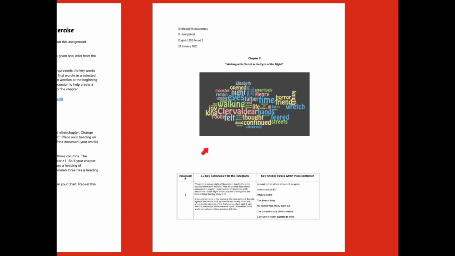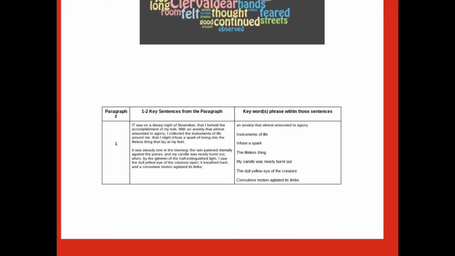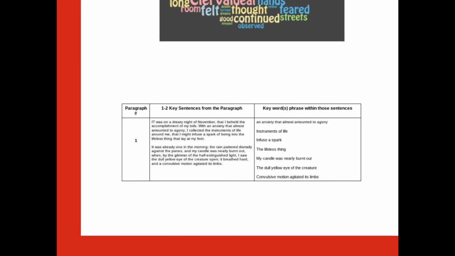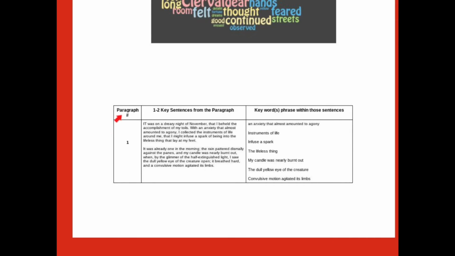Okay, and then my next page, what I want to do is create a chart. I'm going to create a chart that has 3 columns. The columns will be titled paragraph number, 1 to 2 key sentences from the paragraph, and then key words or phrases within those sentences.